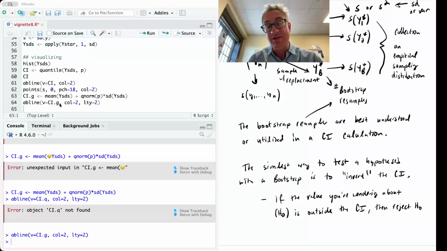So if the confidence interval is a 95% interval, that's an alpha of 5%, and so you would reject at the 5% level.